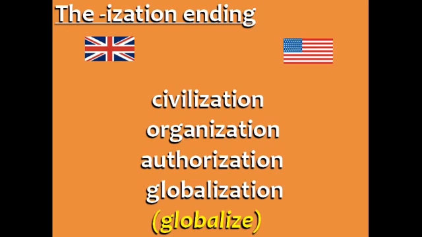The verb form of all these words ends in "-ize." In both British and American English, it's pronounced globalize. But British English continues this same pronunciation in the noun form, globalization, and American English changes the sound of the letter I, globalization.